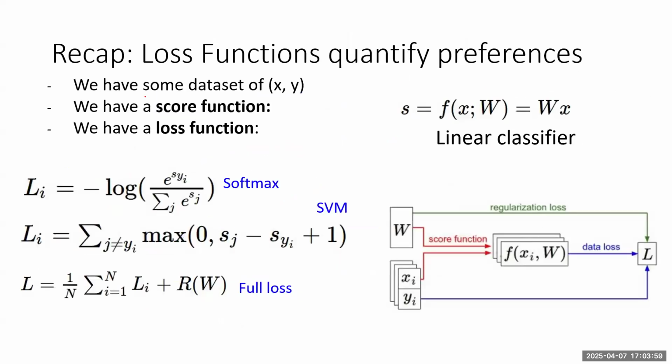So far we learned the loss functions, whether the support vector machine or hinge loss, or the softmax function and the cross entropy.